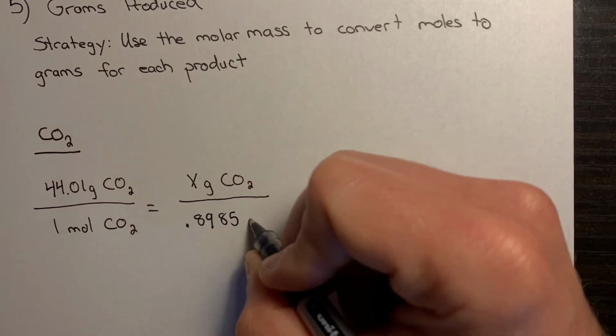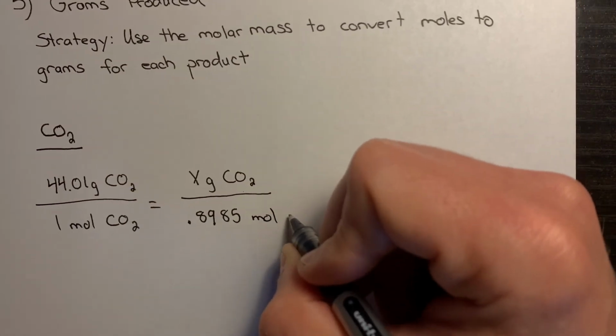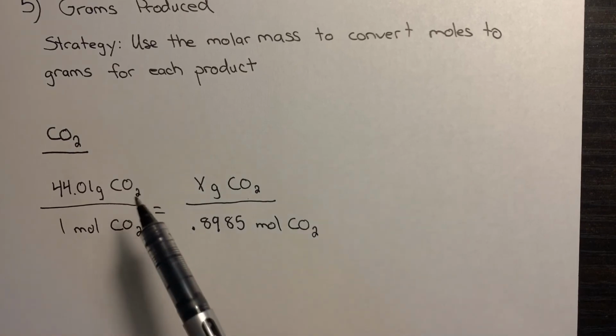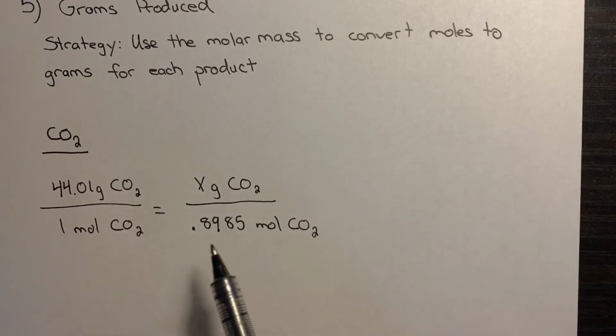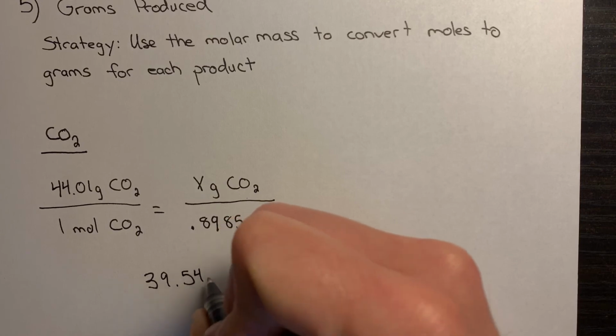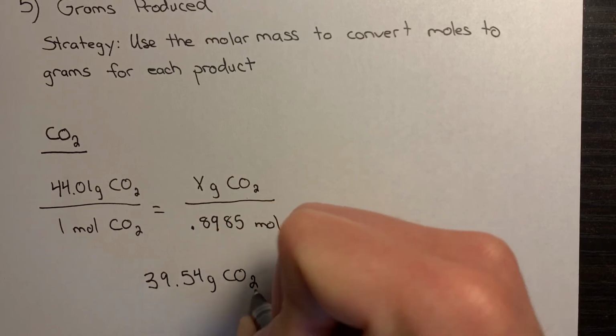That's how many moles of carbon dioxide I just got done determining that I actually form. So straight away, I'm going to expect a mass that's less than 44, because if 44 grams constitutes 1 mole, and I have less than 1 mole, I should expect to have an answer less than 44. And performing the math, I get 39.54 grams of carbon dioxide that are ultimately produced.